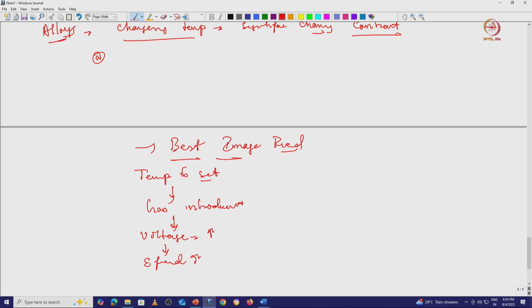Then, if any oxides or surface contamination from the sample preparation are present, they get field evaporated first.